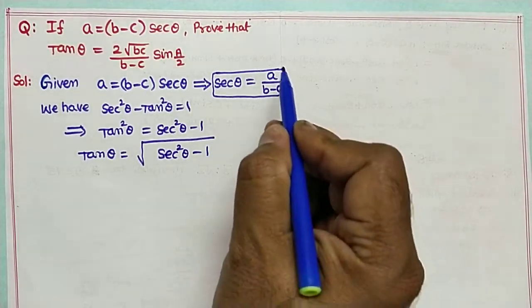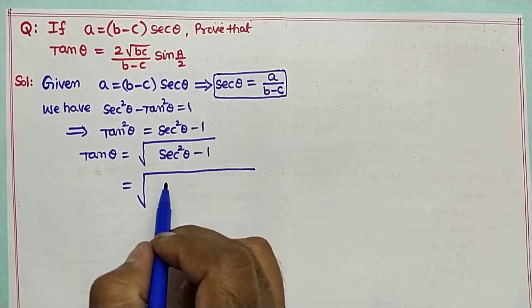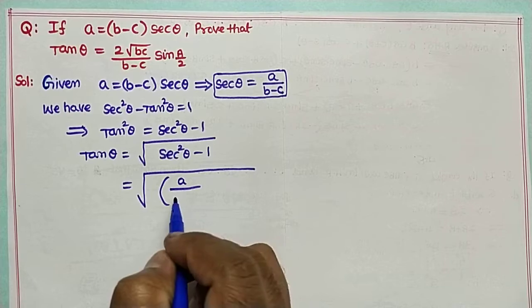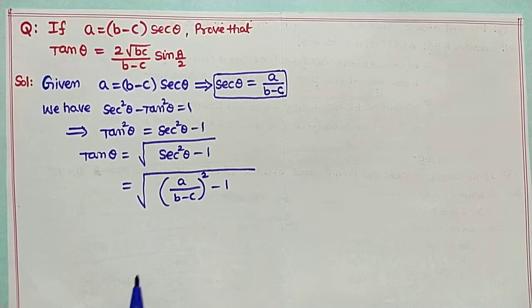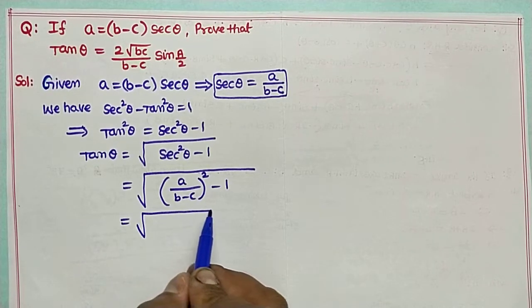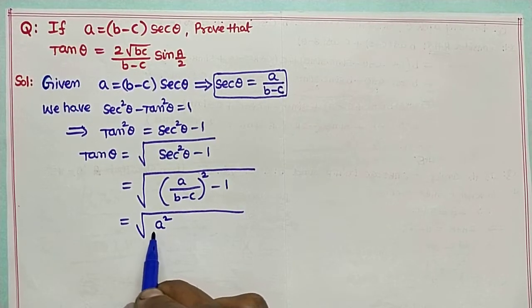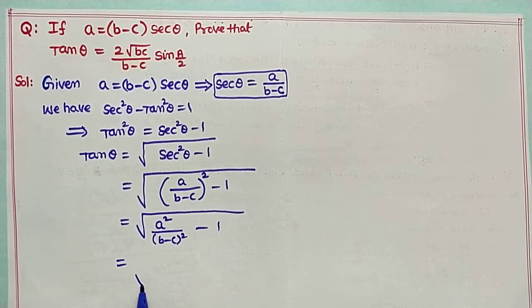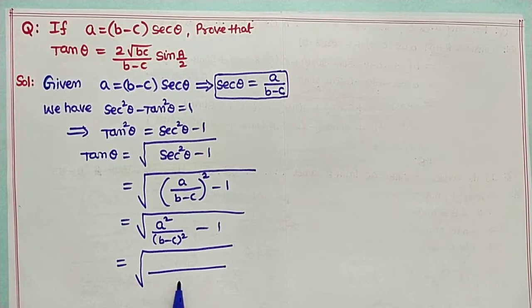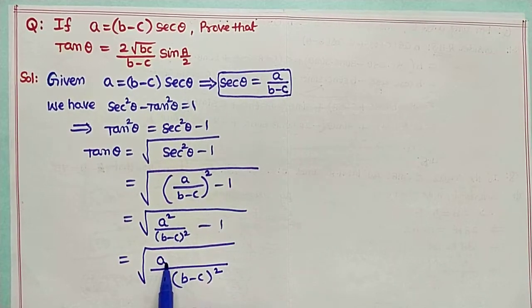In place of secant square theta, we have to replace this value. Square root of a by b minus c whole square, minus 1. Now simplifying, square root of a square by b minus c whole square minus 1. So b minus c whole square is the LCM: a square minus b minus c whole square.